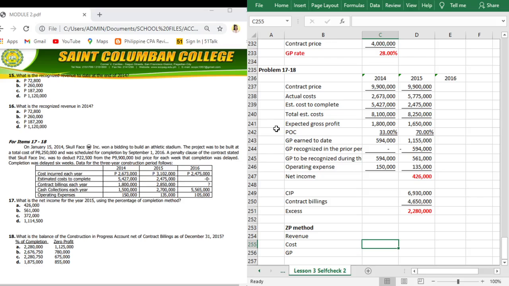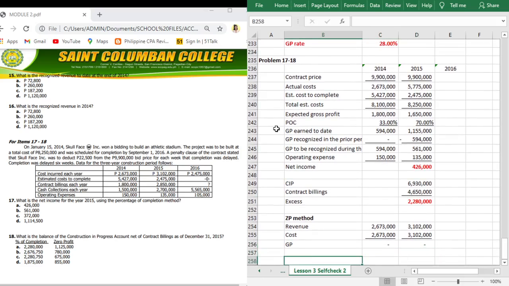So, during 2014, the cost is 2,673,000. 2015, that is 3,102,000. Maapod na ang ato ang revenue. Okay, for us to get a zero profit. So, unsa man ang ato ang construction in progress ani?